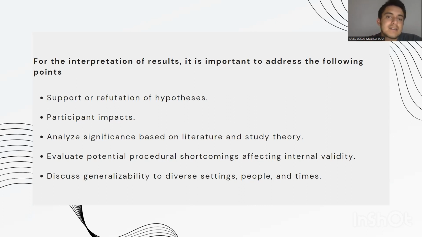Also, we have to analyze significance based on literature and study theory, and evaluate potential procedural shortcomings that affect internal validity. And finally, discuss if the result can be generalized to other social and racial situations with the same information that was looked for in the research.